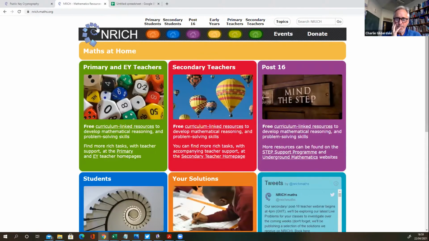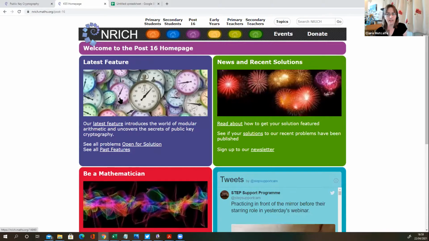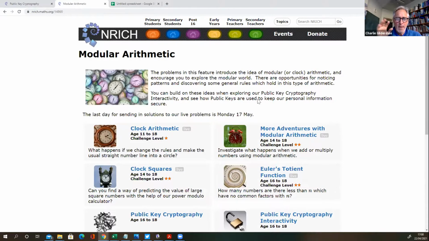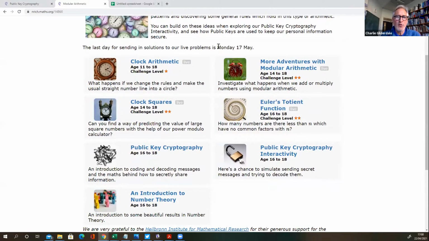So to find the post 16 feature, if you click on post 16 and then go to latest feature, that will take you straight to the latest feature. We don't have a separate student and teacher page for post 16. And if you click on it, Claire, I think at the top, it shows that a lot of the problems are live problems, and there's a deadline for sending in solutions to our live problems, which is in about 4 weeks' time.